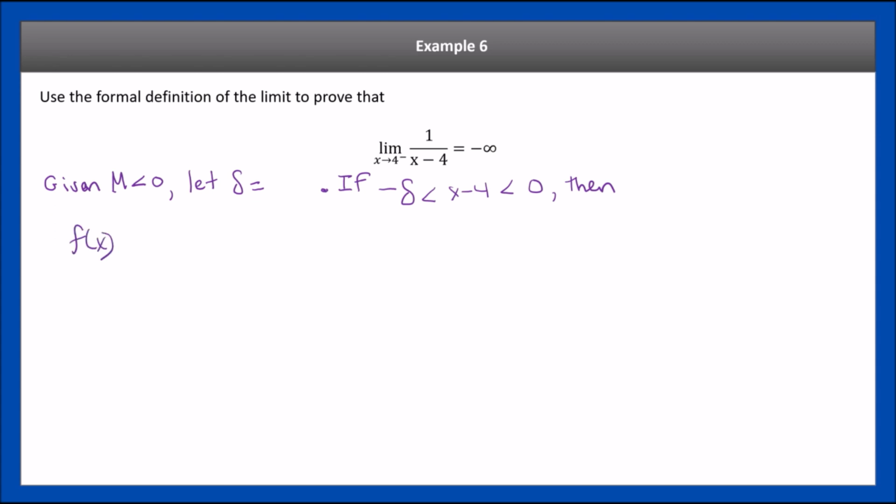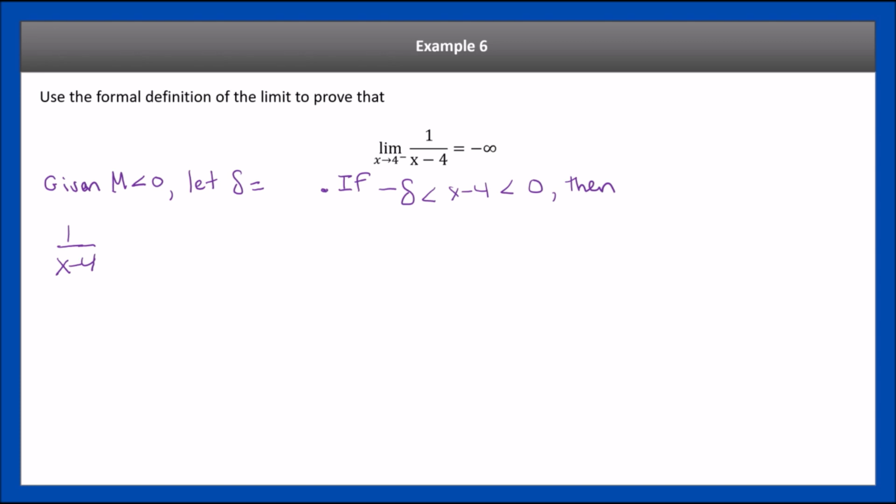So remember the situation was that if this, right, then f of x must be less than m. So that's what we're trying to do. If we can show that, then we can end the proof. And f of x is 1 over x minus 4. So then 1 over x minus 4 must be less than m, which we're going to try to show.